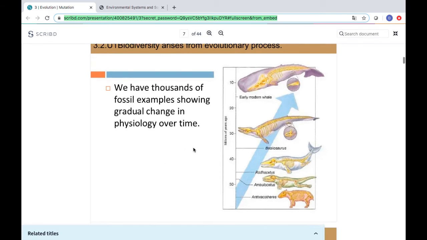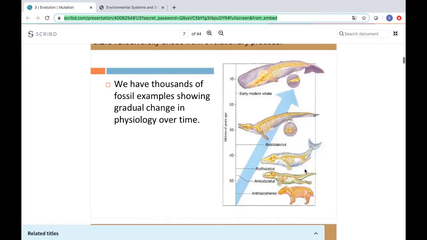So here we have an example of an ancestor of the early modern whale. This line represents millions of years ago, so less than 50 million years ago, we have this Anthracothere that is the main ancestor of this whale. Okay, and we can see how the bones have changed, the skeleton has changed, and all the other characteristics. And some of them have lost their size, but are still there, okay?